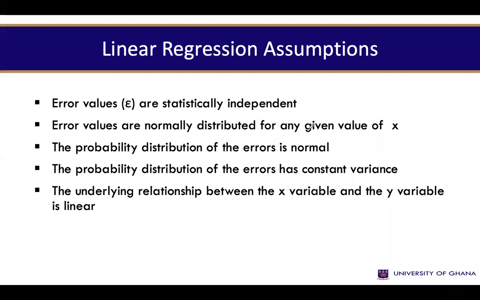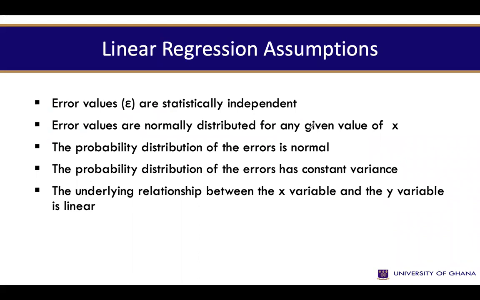Now, these are some assumptions that we are going to use in the regression model, and these assumptions should hold anytime we are doing such a model. Number one, your error terms are statistically independent of each other.